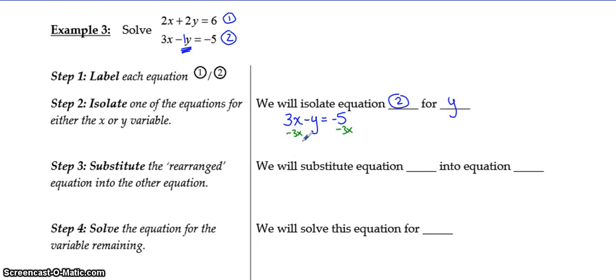And that will give us negative y equals negative 3x minus 5. And then because that's negative, we don't want a negative y, we want a positive y. What you'll do is divide everything by negative 1. And that will leave you with y equals 3x plus 5. And that you can call equation 3 if you want to.